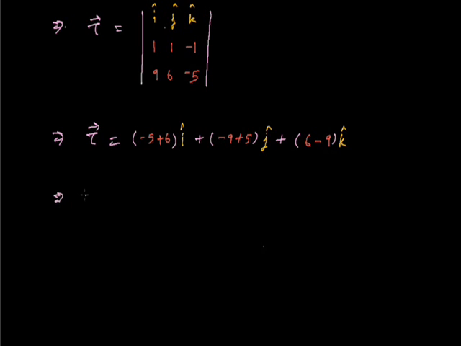So finally it provides the torque as i cap minus 4 j cap minus 3 k cap. This is the vector representation of the torque.